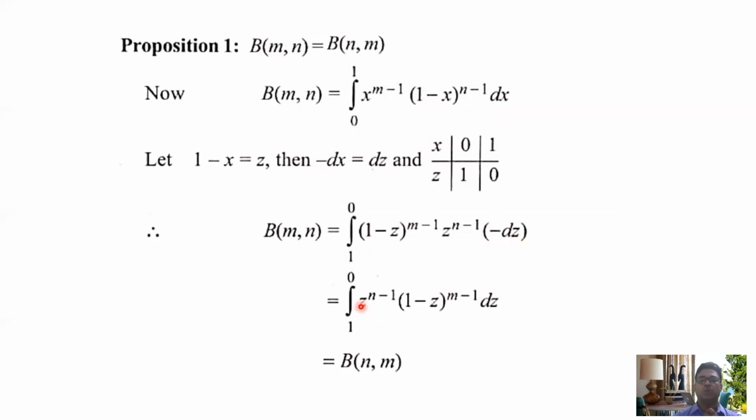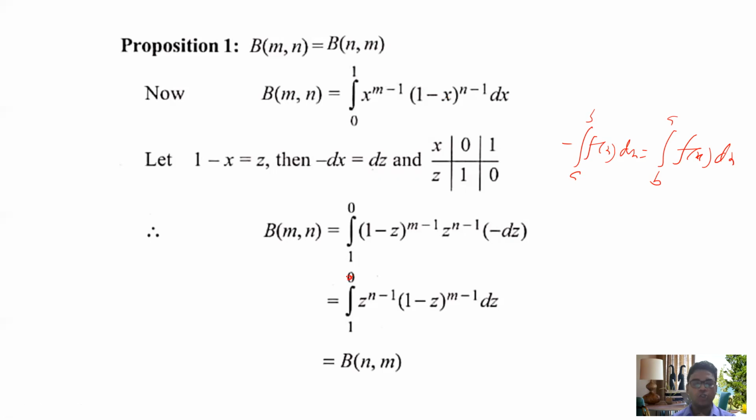Already you know that this minus sign can change the limits. This is a typing error. Because integral from a to b of f(x) with a minus sign is equal to integral from b to a of f(x), the same thing is here.